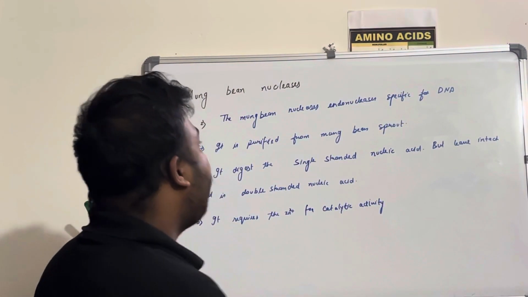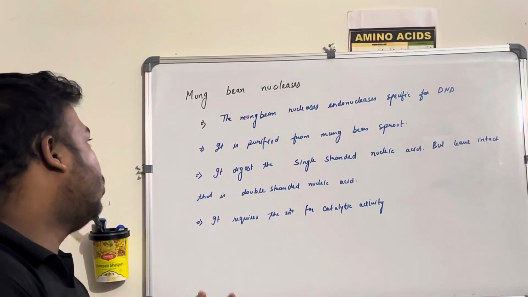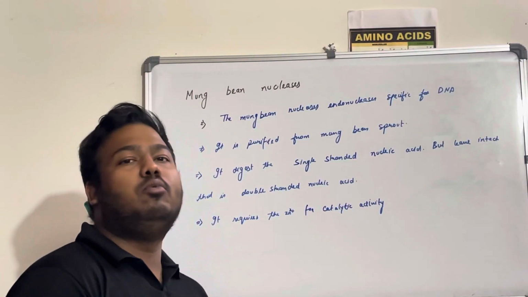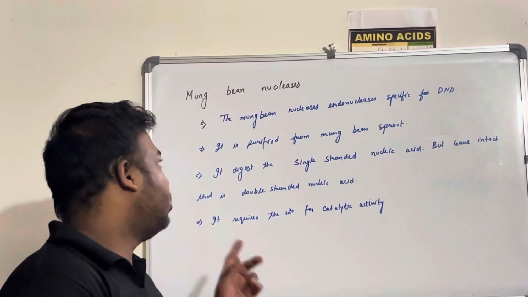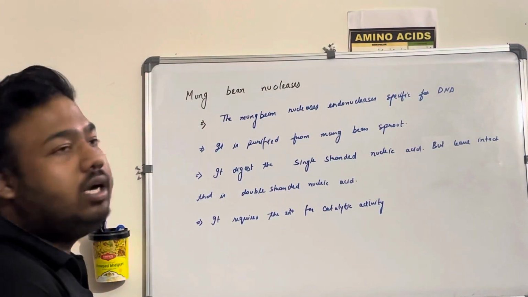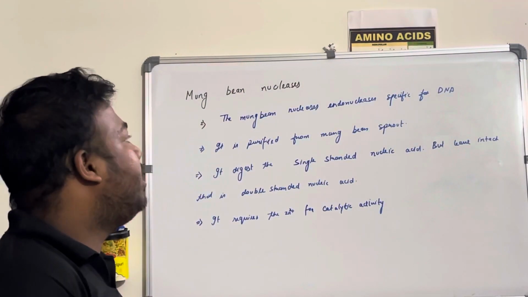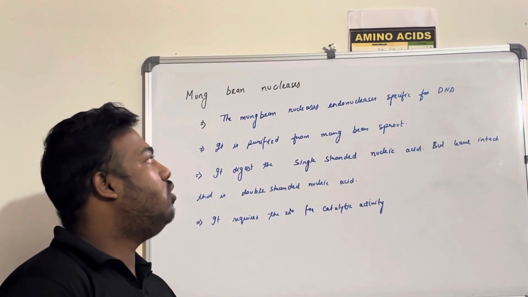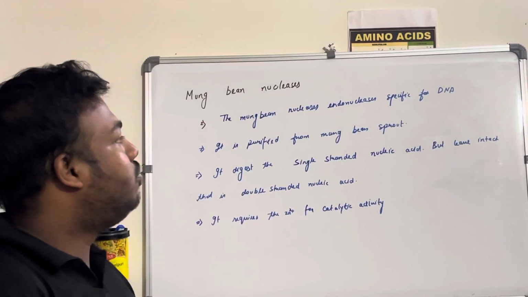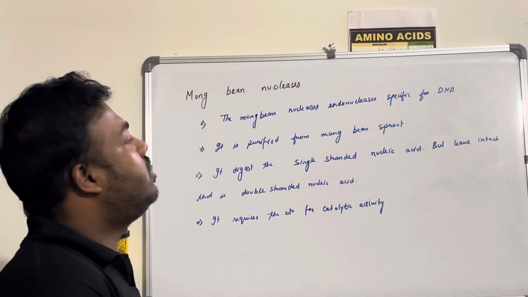Okay, so as you know, the name is about mung bean. It is mung bean, and it contains a particular enzyme that is called the nuclease. So the mung bean nuclease is an endonuclease specific for DNA. It is purified from the mung bean sprout, and it digests single-stranded nucleic acid.